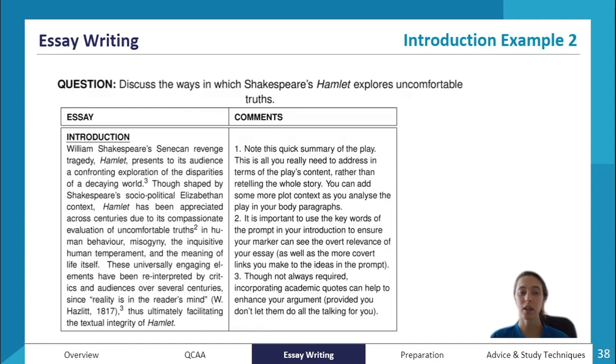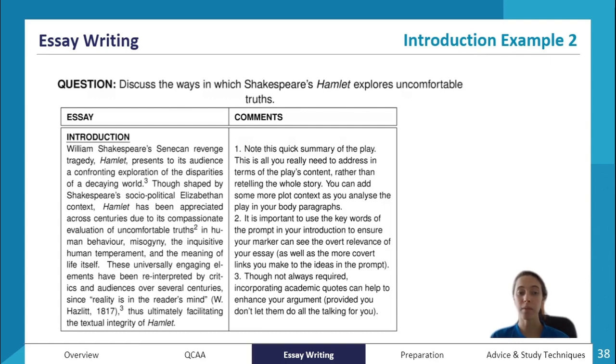So in this case, it presents to its audience a confronting exploration of the disparities of a decaying world. Now, this is clearly related to that idea of uncomfortable truths, but we haven't gotten to our thesis yet. It's still establishing, setting the scene in that first sentence.